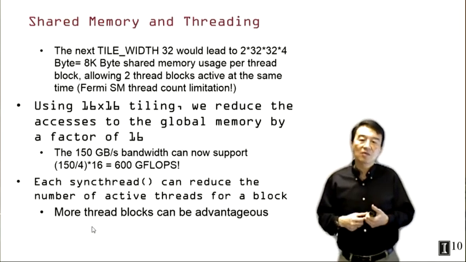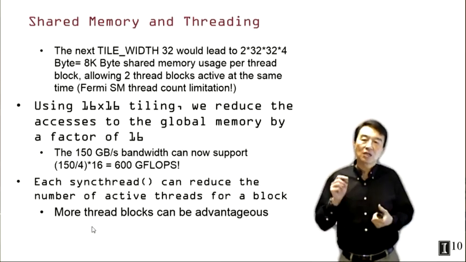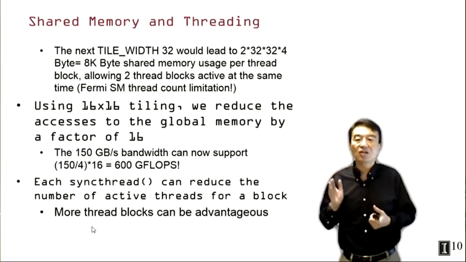And you should go back to the 4 by 4 matrix example in the previous lectures, and the 2 by 2 tiles, where we already went over the details, and you saw that for a 2 by 2 thread block tile, we reduce the global memory access by a factor of 2. So here we use 16 by 16, we reduce the global memory access by a factor of 16.